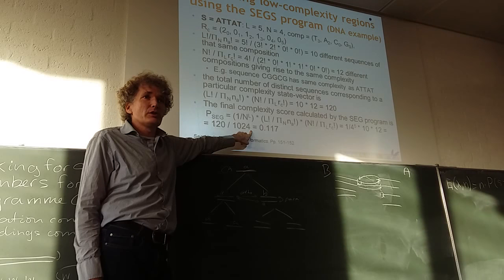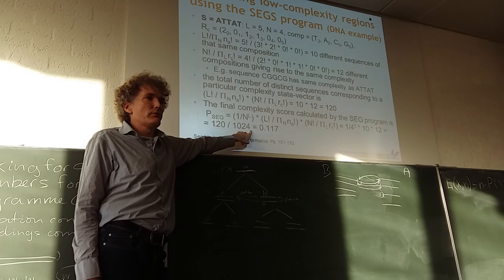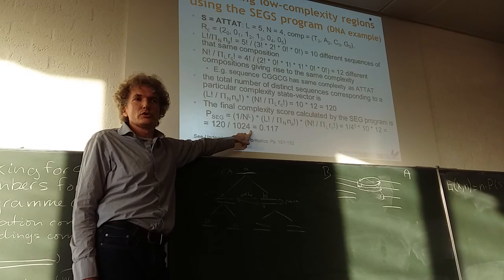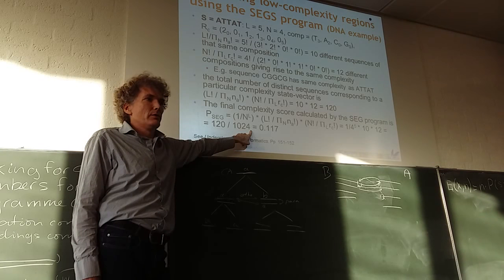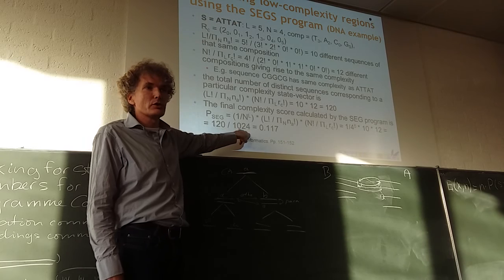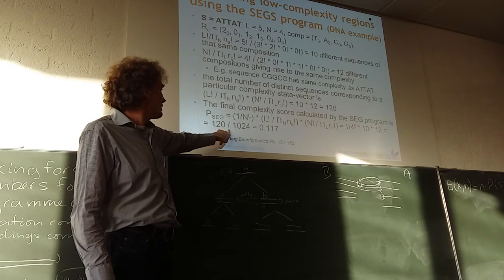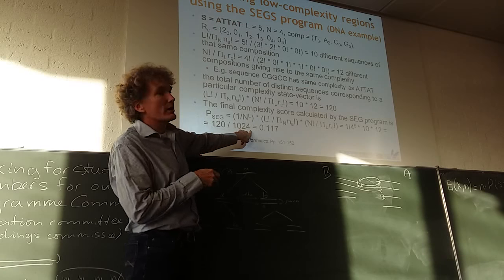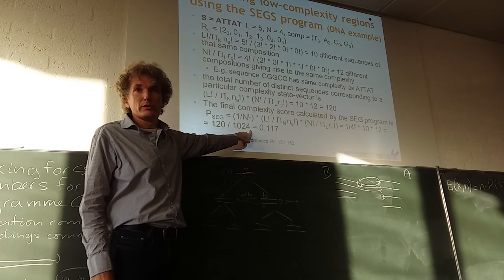Yes, you could say that, but there's a simpler way to say that. If you have a sequence of 5 letters and there's 4 options for each letter, how many different sequences can you get? 4 to the power 5, which is 2 to the power 10, which is 1024. So this is the number of possible 5-letter sequences in a 4-letter alphabet.